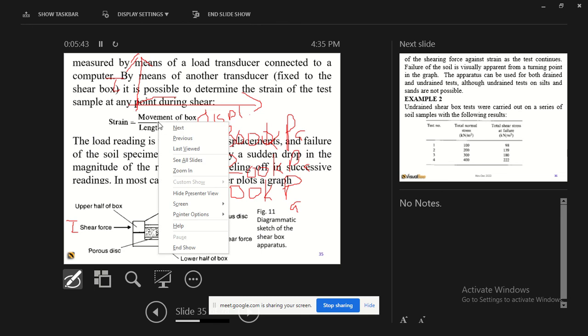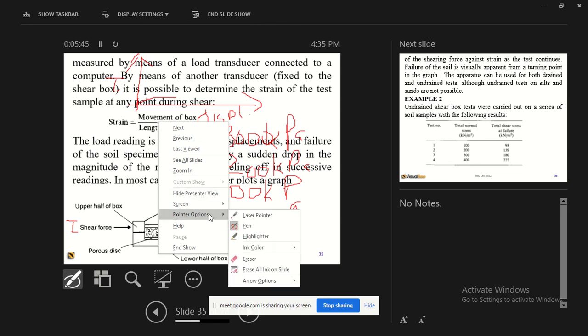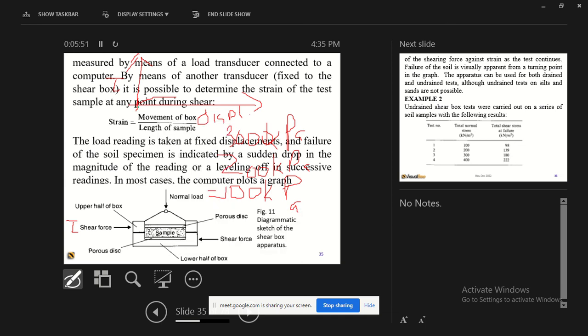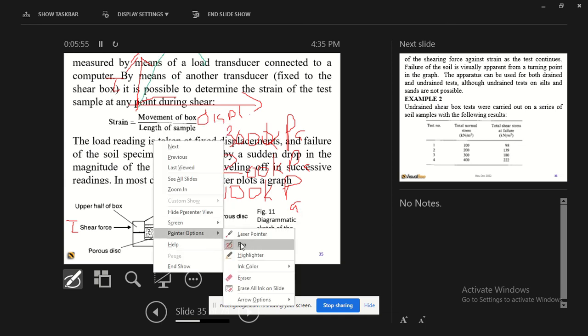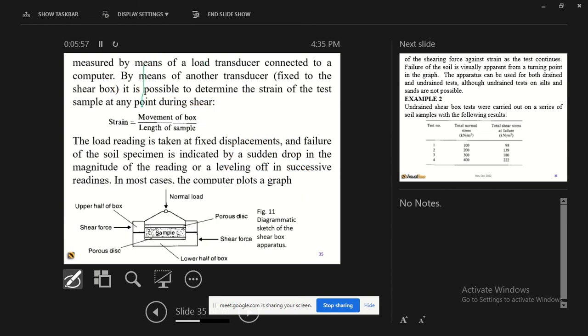So usually, okay, let me use a different pen here. Usually it is a curve like this. So when displacement increases uncontrollably, then at some point that is your failure point.